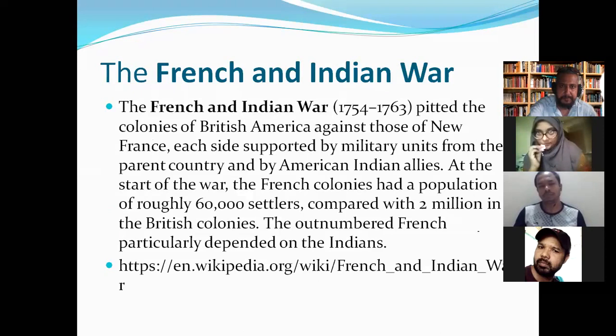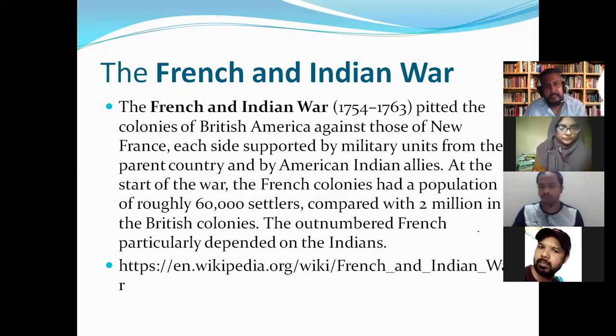And there was another war that happened from 1754 to 1763. And this was the French and Indian War. It pitted the colonies of British America against those of New France, each side supported by military units from the parent country and by American Indian allies.